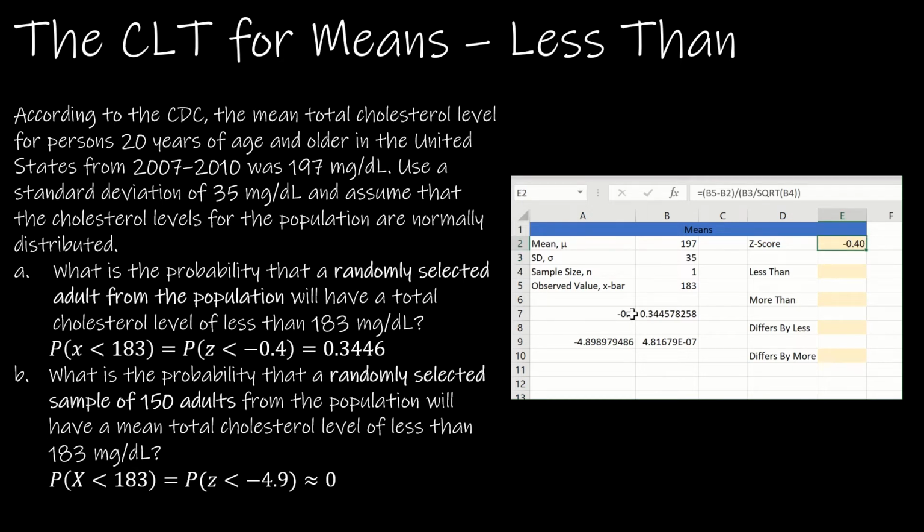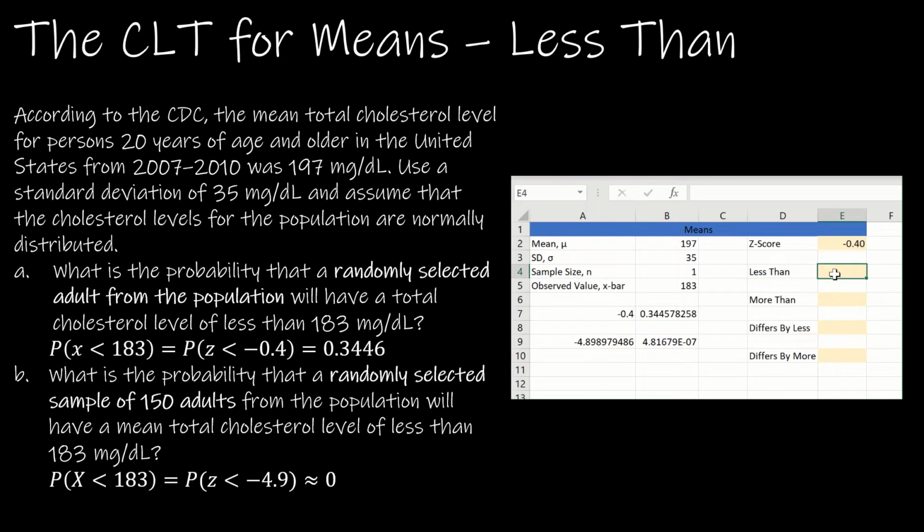So as you can see, this matches the negative 0.4 that I found by hand. And if I change the sample size to 150, it matches the z-score that I found. Now, I'm going to go ahead and change that back to 1.